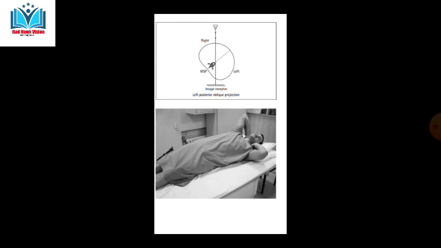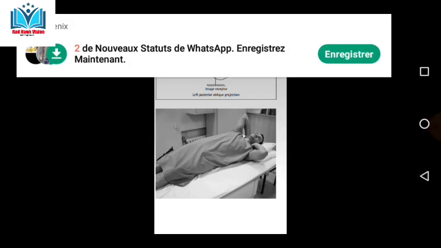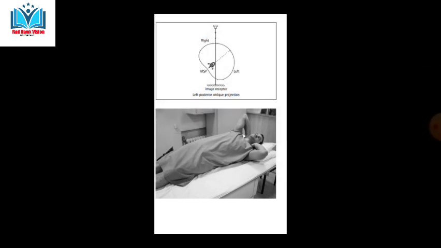We will talk about the basics of anatomy, of bone anatomy of the human skeleton, which is also very important to know. In X-ray, CT scan or MRI scan, we have to know some basics of anatomy. So we will talk about it in the next video.